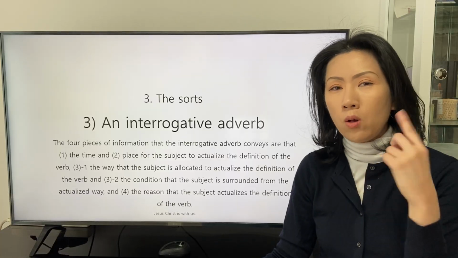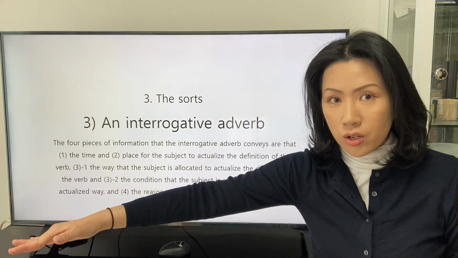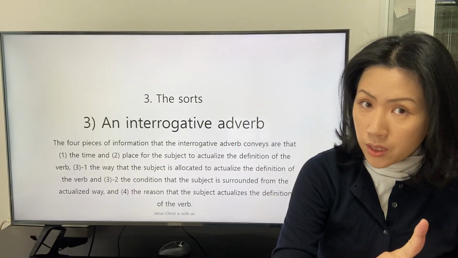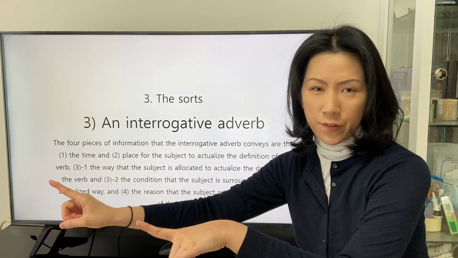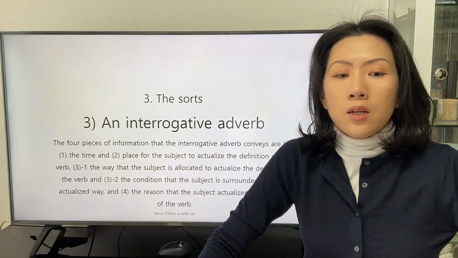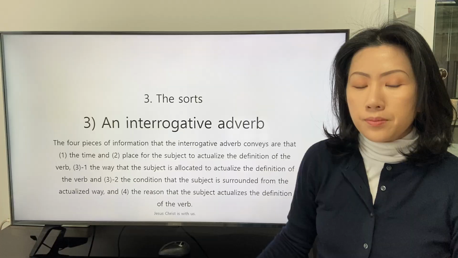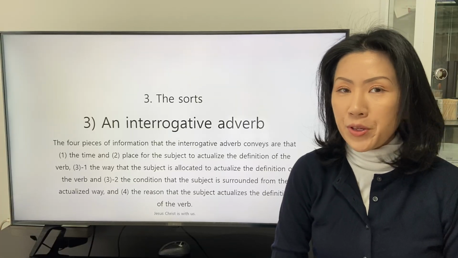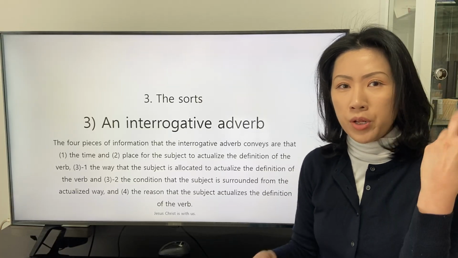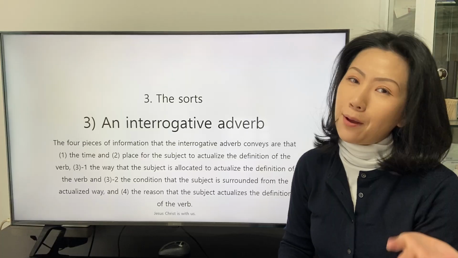So we can also think of the range from the way to the condition of the subject.